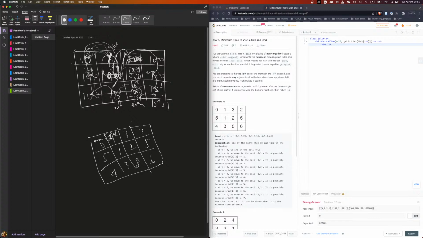This is odd. So if we go this way, minimum time to reach this, 2, 3 will be 4. Okay. And the minimum time to reach this will be, well, if we go from here, this is going to be 5.